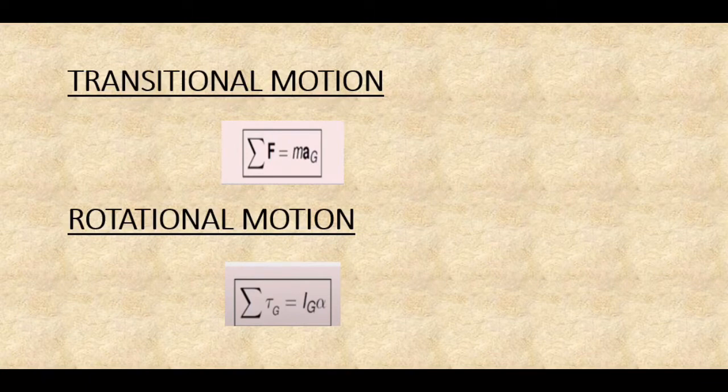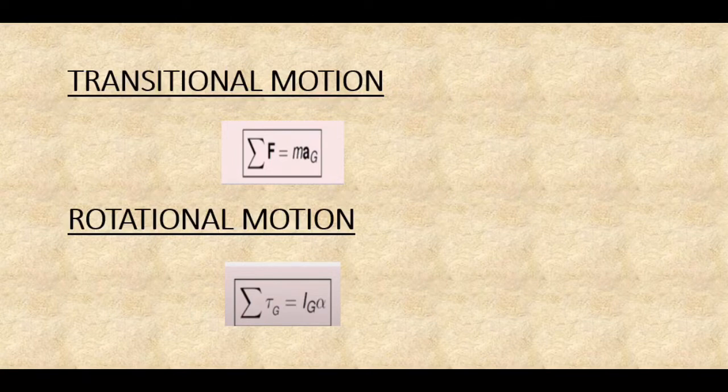We have the translational motion, which is in the x and the y direction, and those are the sum of all forces equals mass times acceleration, and here acceleration has a subscript G, which means the acceleration of the center of mass. We also have the rotational motion, and here Newton's second law is written as the sum of all torques or couple moments around the center of gravity equals moment of inertia of the center of gravity times rotational acceleration alpha.